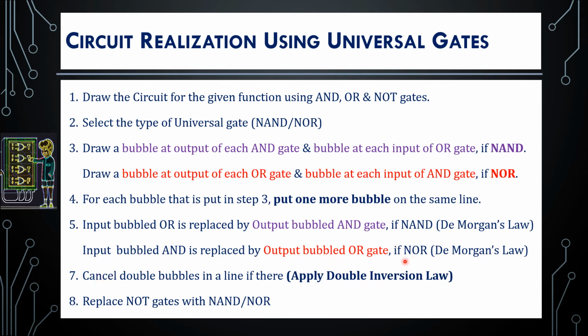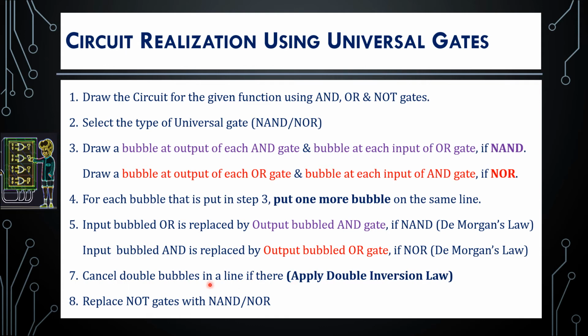Now we are cancelling the double bubbles in a line, if there are any. We put some bubbles in steps 3 and 5, right? So we cancel the double bubbles in a line, because according to the double inversion law, two bubbles on the same line nullify the effect.